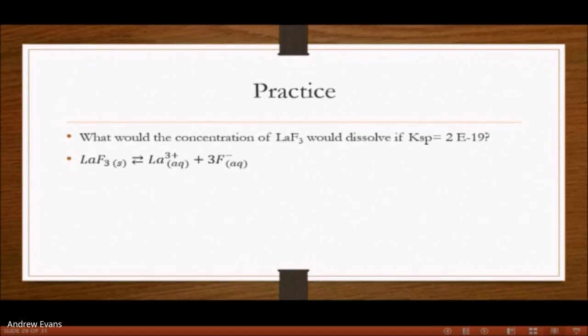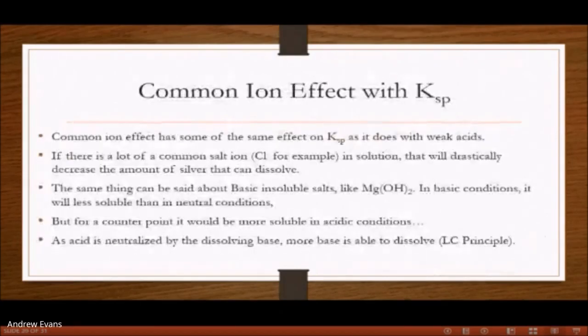The 1-to-1 and the 1-to-2 are the most common. So if you know how to do a 1-to-1 or a 1-to-2, the only thing that differs between those two is really the Ksp, the actual number you have to square root. So they don't really change.